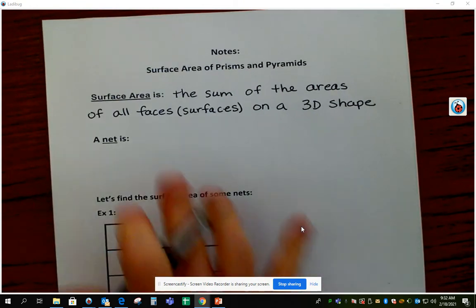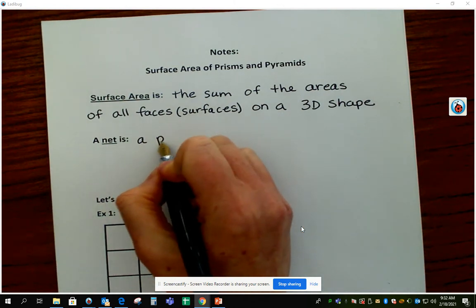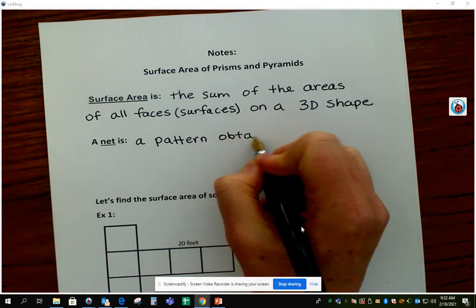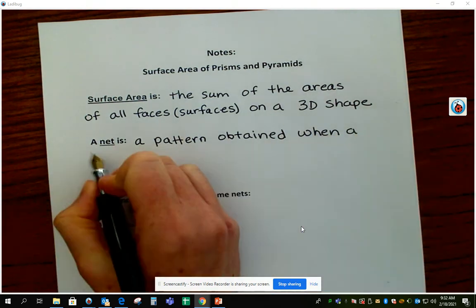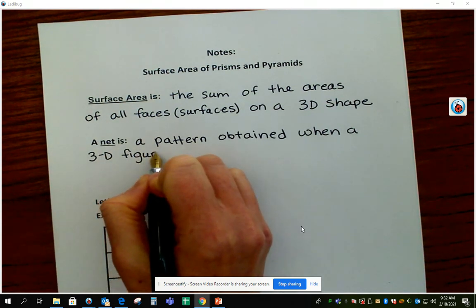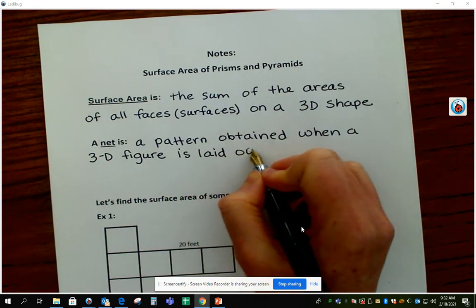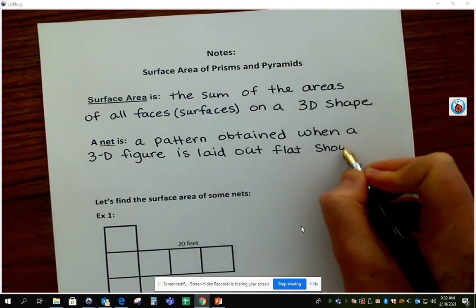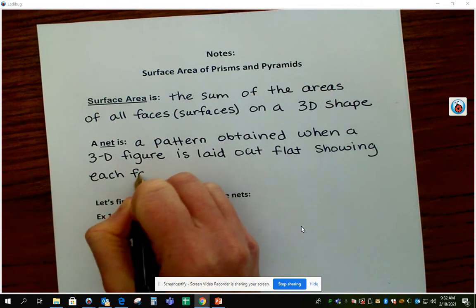Now we're going to look at surface area using nets, and a net is just a pattern obtained when a 3D figure is laid out flat, showing each face of the figure.